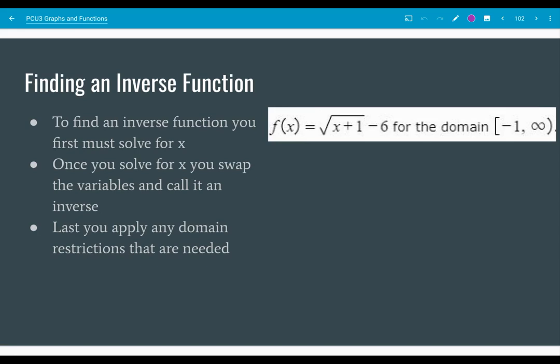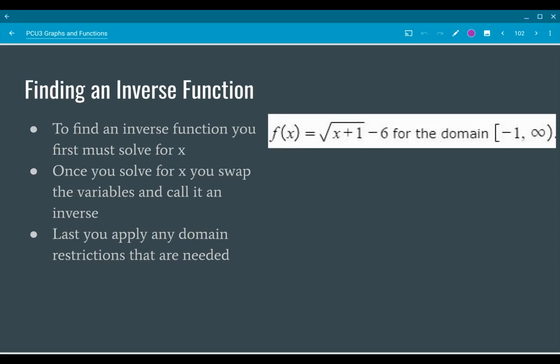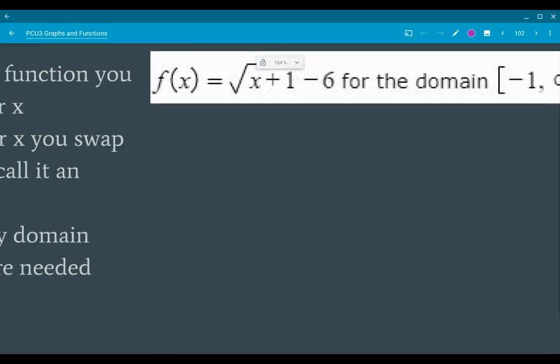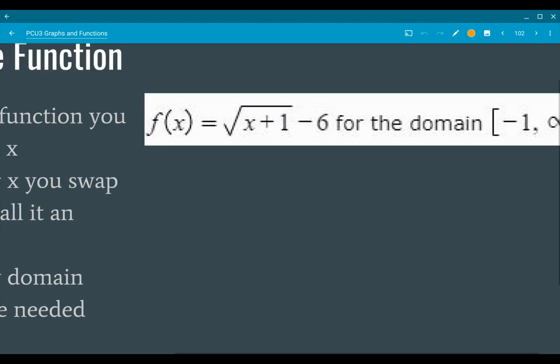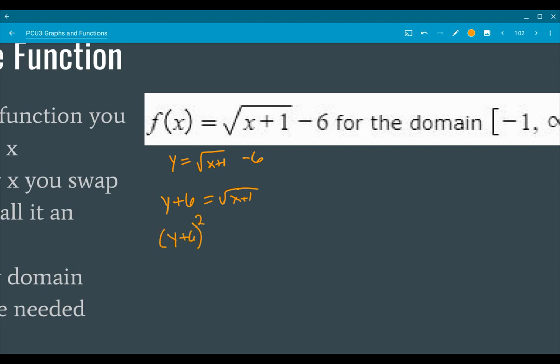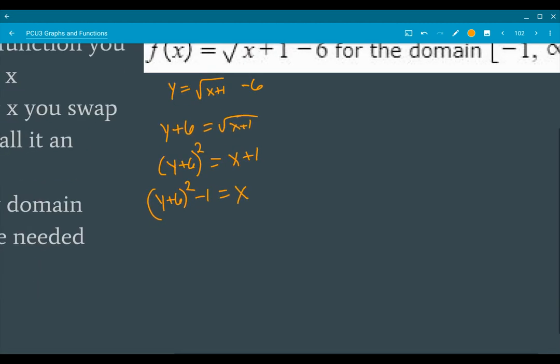Okay, here's another one that we're going to look at together here. So again, y equals square root of x plus 1, minus 6. y plus 6 equals the square root of x plus 1, y plus 6 squared equals x plus 1, y plus 6 squared minus 1 equals x.